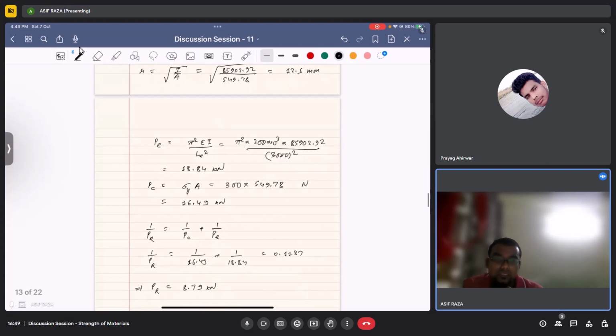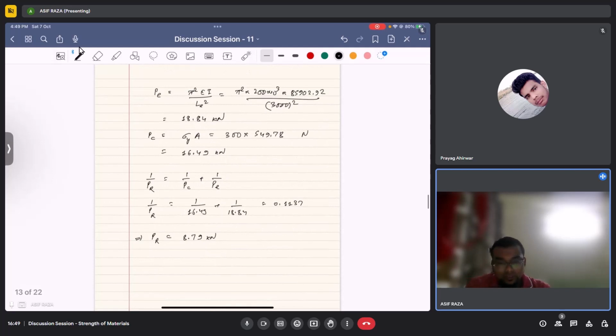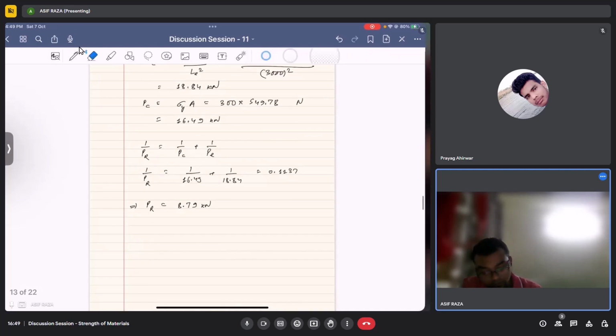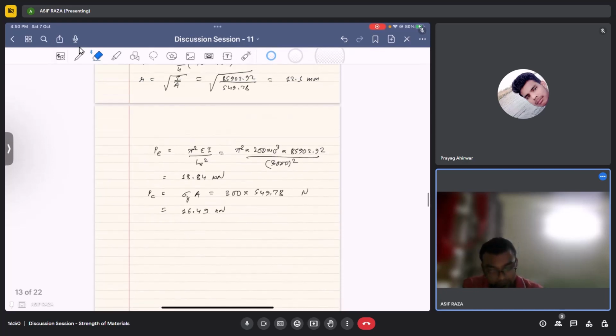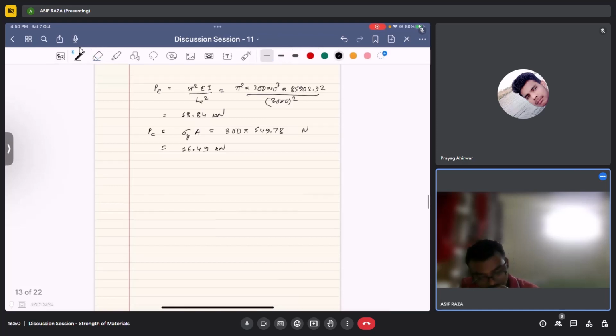Let me do it in a different way. Rankine load is equal to sigma y times A divided by 1 plus sigma y upon pi square E, into LE upon R square.